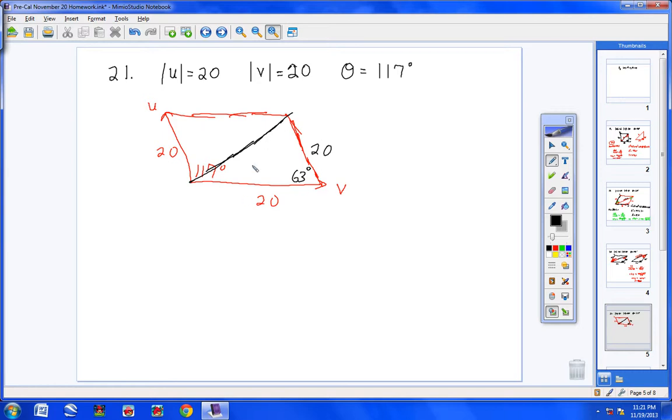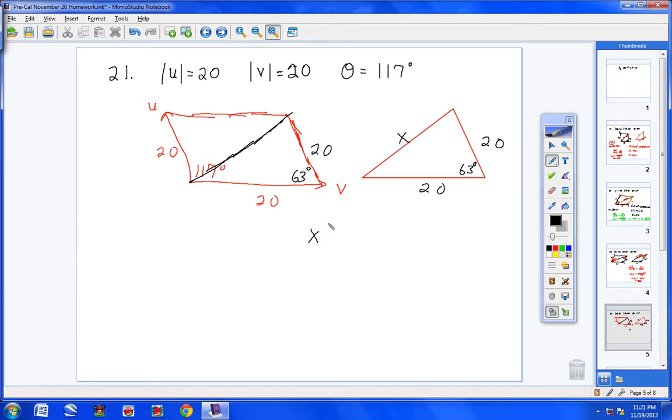With that in mind, I want to very quickly find this line right here, and I'm going to do that by quickly tracing over that triangle like I just did. Now we're going to pull it over here, and we know this has a length of 20, this has a length of 20, this has a measurement of 63 degrees, and this is what I'm looking for. We'll call it x.